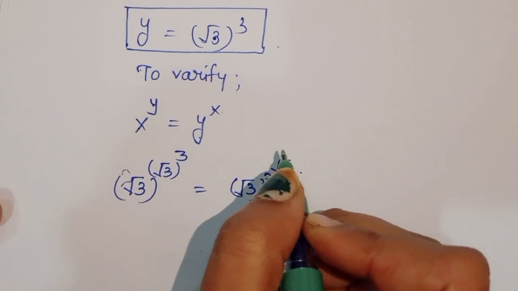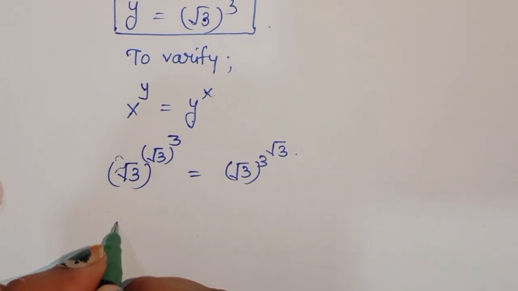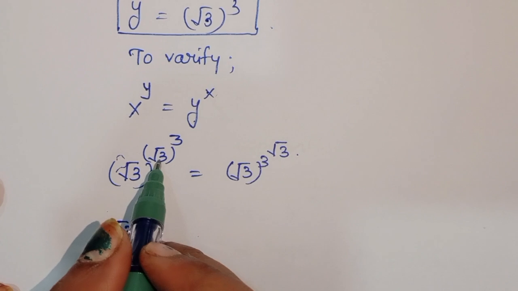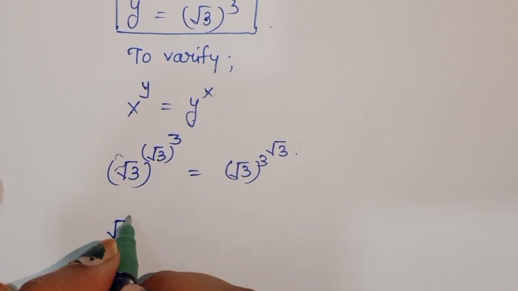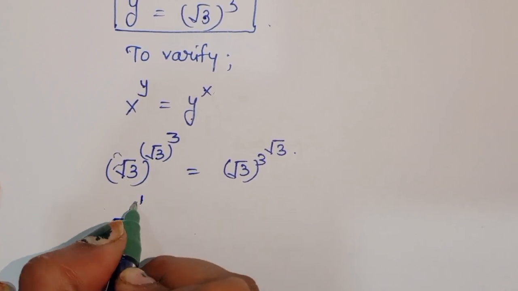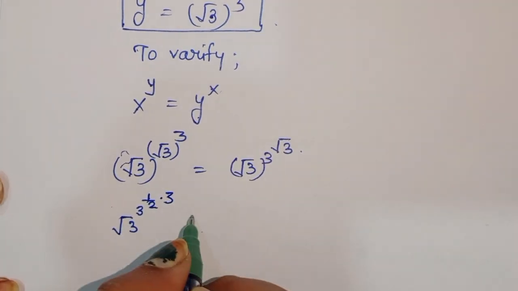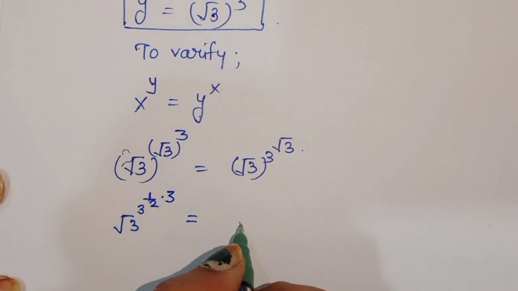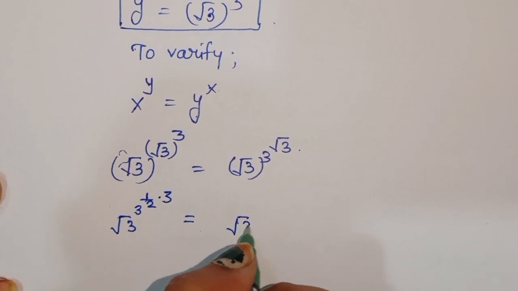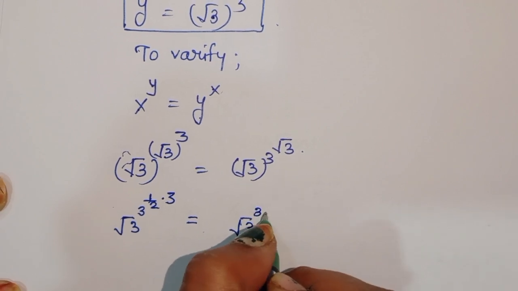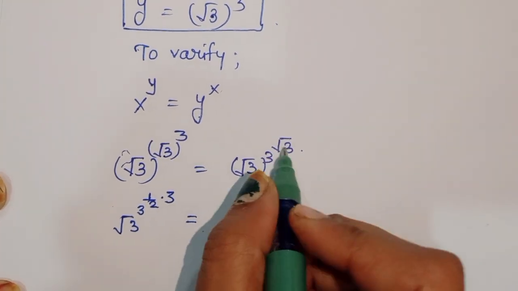So we can write this as 3 raised to 1 by 2 times 3, is equal to square root of 3. And this is 3 raised to 1 by 2.